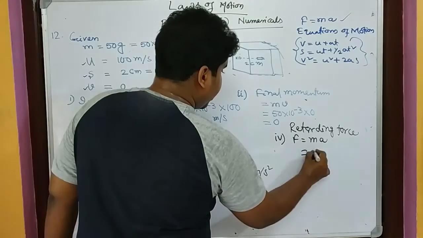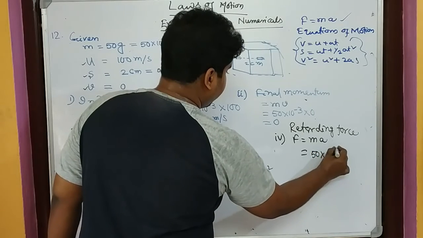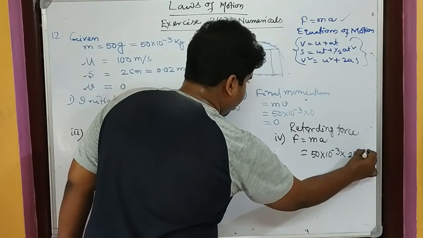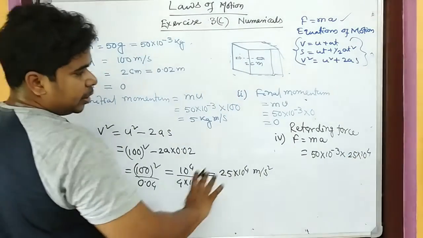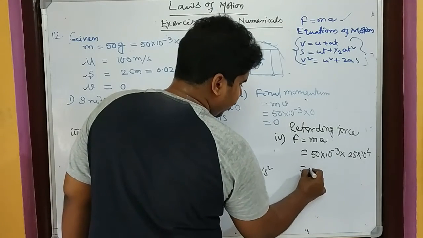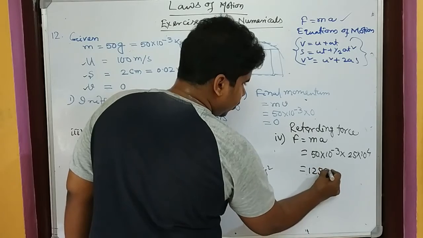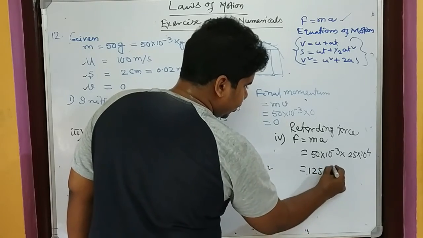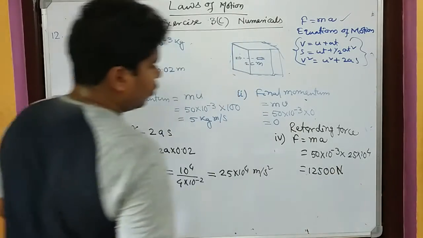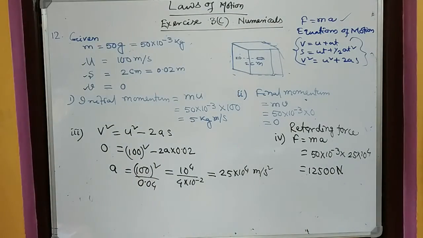Mass is 50 into 10 to the power minus 3 into 25 into 10 to the power 4. So minus 3 plus 4, only 10 is there, and 25 into 5 it is 125, so 12500 Newton. So that is numerical number 12.